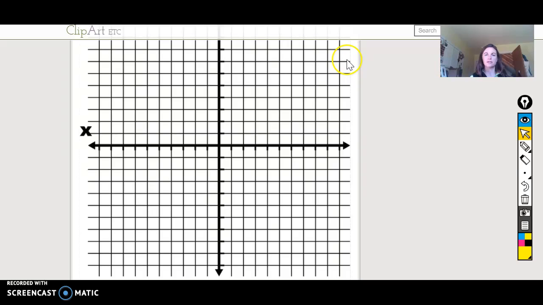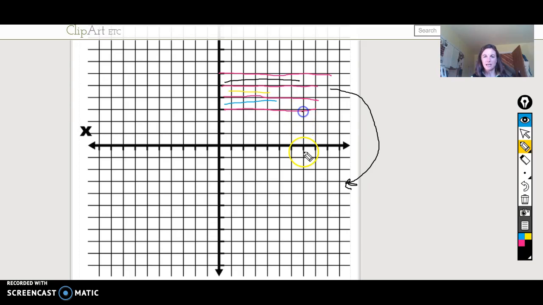So let's imagine over here that we had the 3 racing lanes up here, and that they follow our coordinate grid. And so this would be 1, 2, and 3.